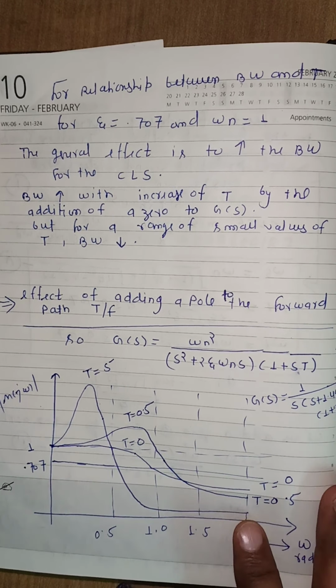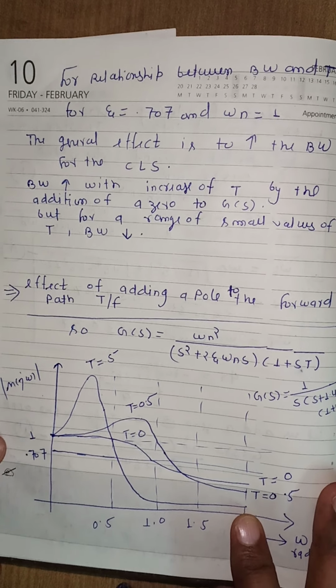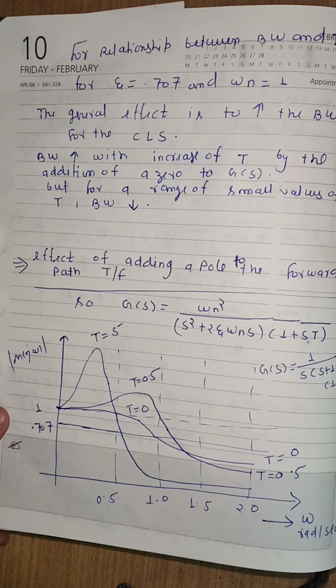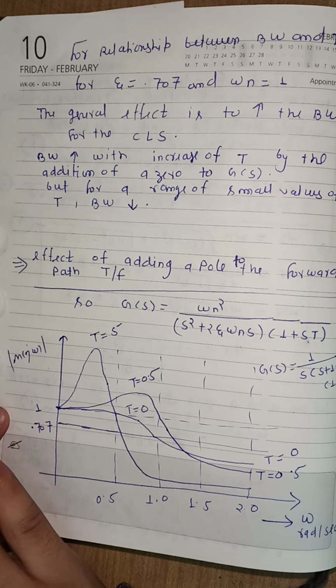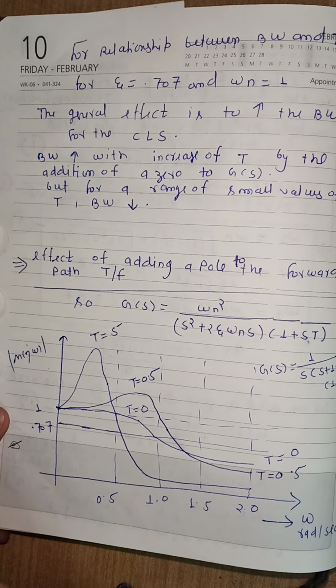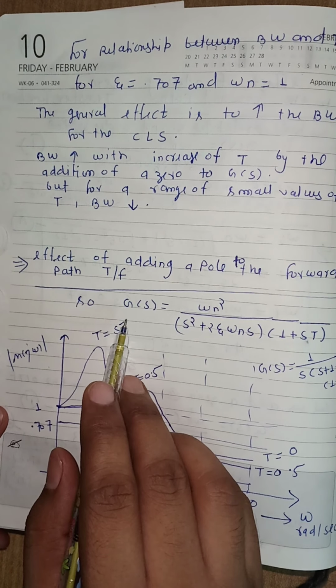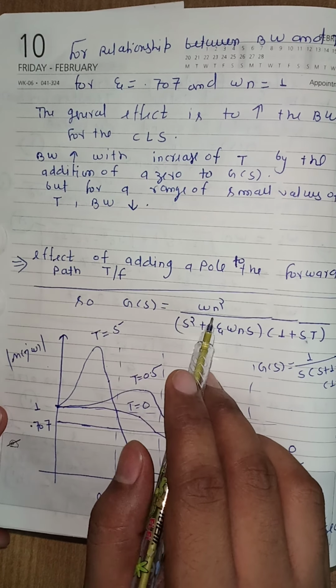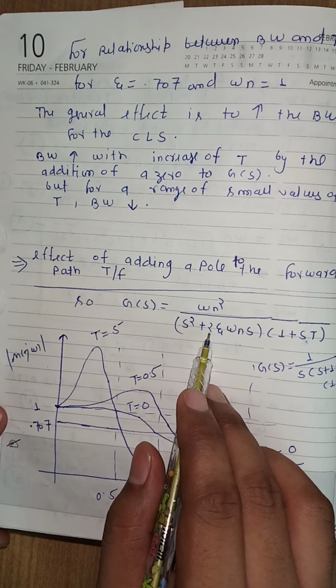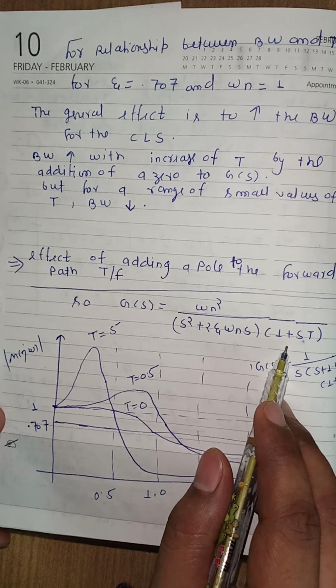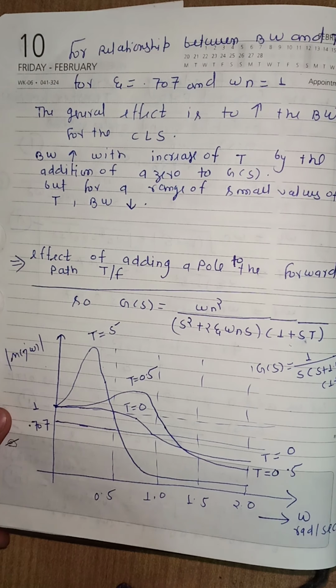Now let us see the effect of adding a pole to the forward path transfer function. The forward path transfer function, already I told you, is given by the first equation. So if we add a pole to the forward path transfer function, then G(s) becomes omega n square divided by s square plus 2 zeta omega n s (1 plus sT), because we are adding a pole to the forward path transfer function.